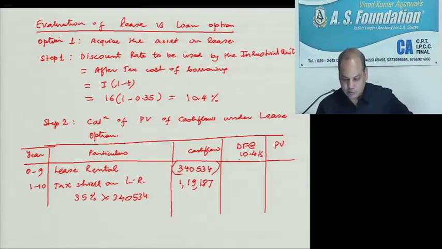Don't calculate the factor. Go to the book. 10.4% column, 9 year, 5.66 is there. Plus 1, 6.66. And 10.4 last line, is it 6.04? 6.04. Use the factor. It will save time, na? Every second counts.